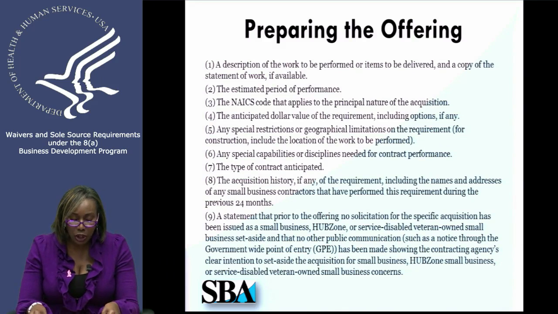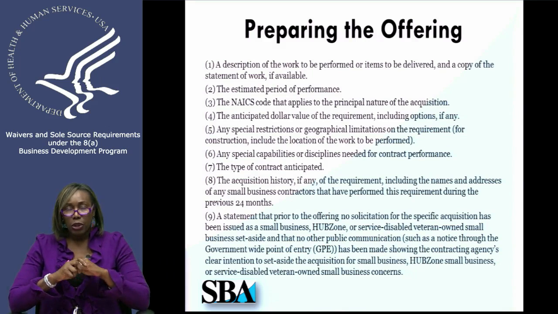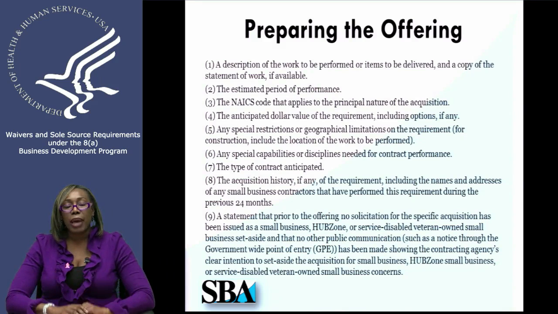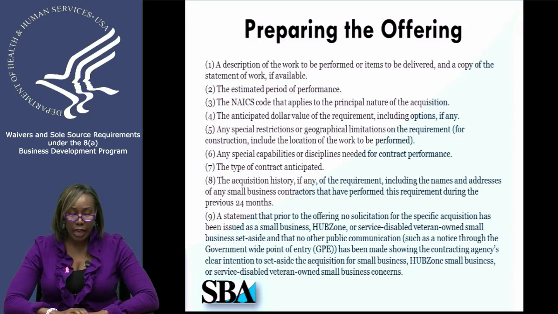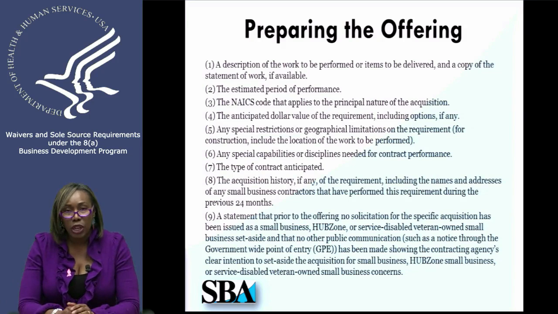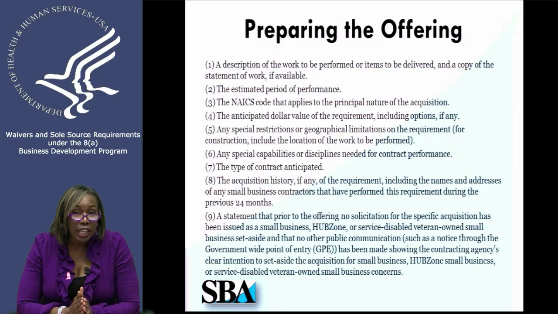It's especially important because we're looking at adverse impact. When we're looking at adverse impact, we're looking at whether that procurement was formerly performed by a small business other than 8A in the previous 24 months.